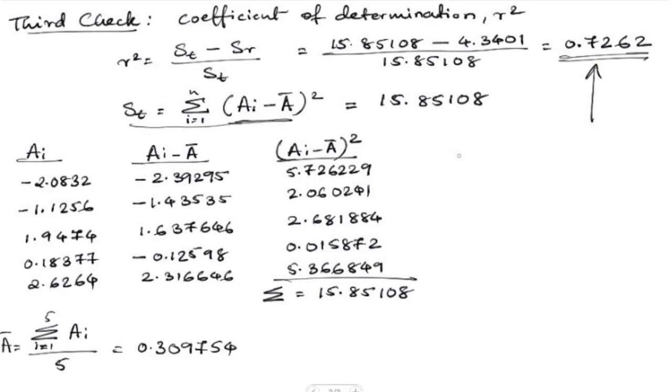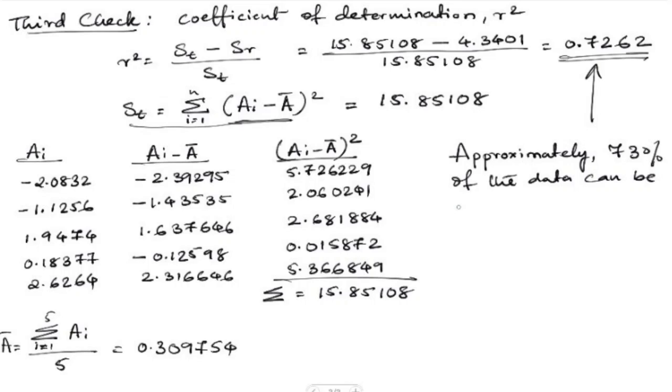So you can say approximately 73% of the data can be represented by the regression model or the regressed model.